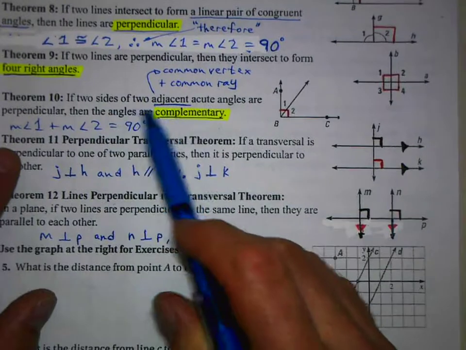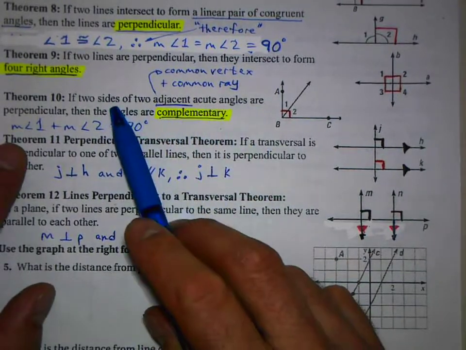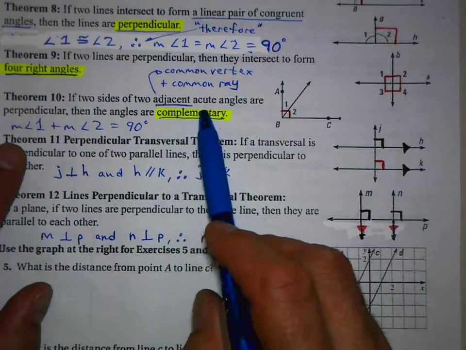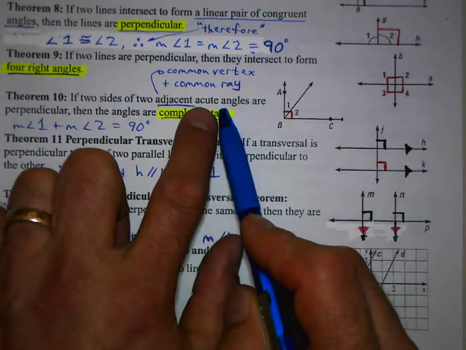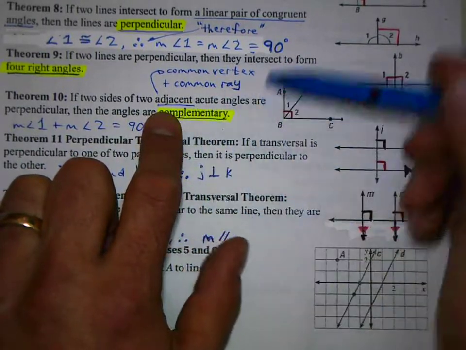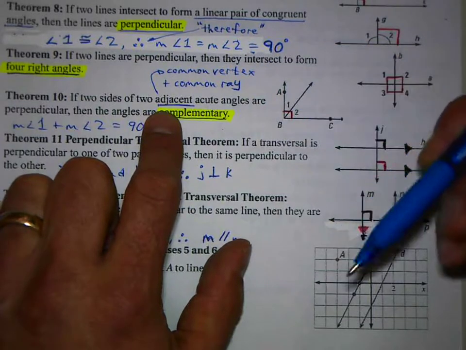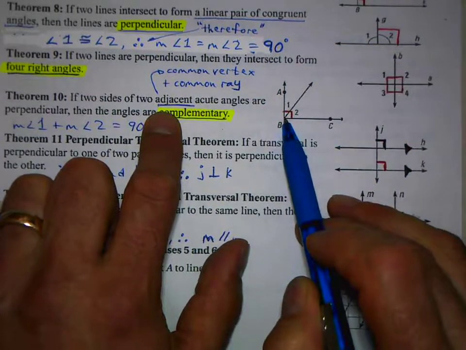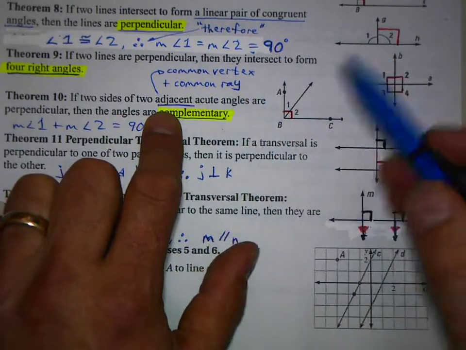If two sides of two adjacent acute angles, acute of course means less than 90, adjacent, let's remind ourselves that the definition for adjacent angles means it's a common vertex. So here's your common vertex of these two adjacent angles, and also they have a common ray.